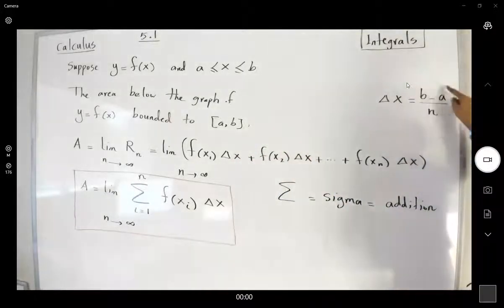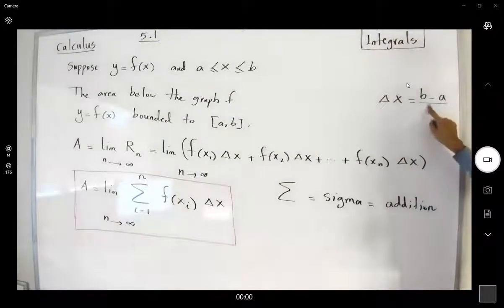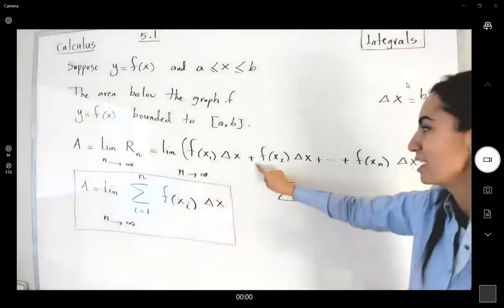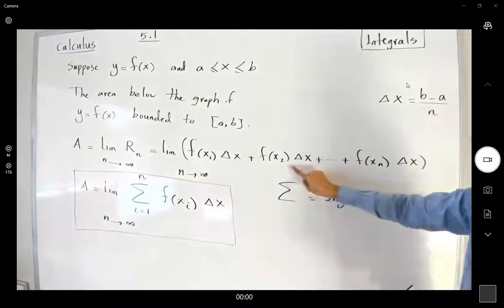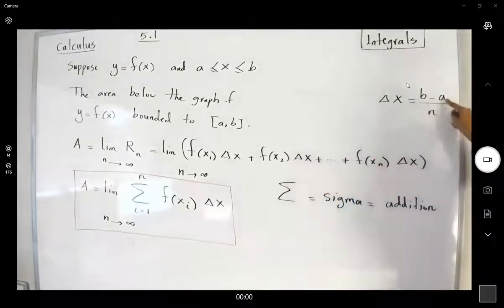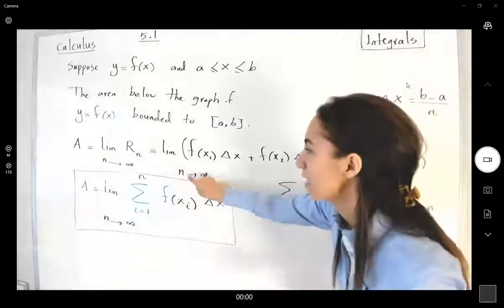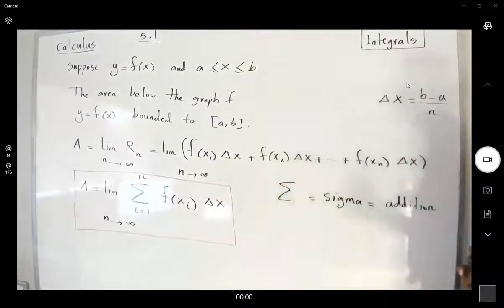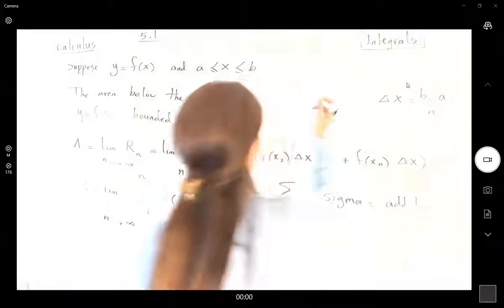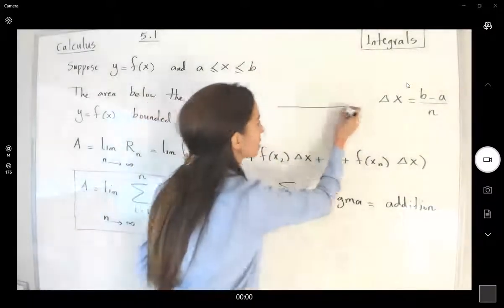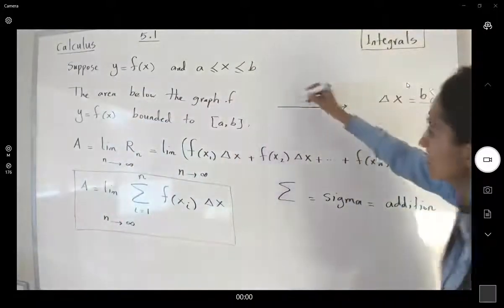It is b minus a divided by n, plus f of x2 times delta x, b minus a divided by n, plus the rest of the terms as n goes to infinity. Well, as n goes to infinity, this fraction is getting smaller and smaller. But what is delta x? Delta x is these little sub-intervals in the x-axis.